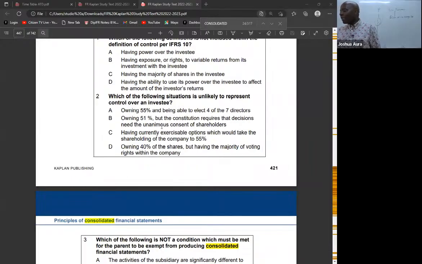B, owning 51%, but the Constitution requires that decisions need the unanimous consent of shareholders. C, having currently exercisable options, which would take the shareholding of the company to 55%. D, owning 40% of the shares, but having the majority of voting rights within the company. Which of the following situations is unlikely to represent control over an investee?